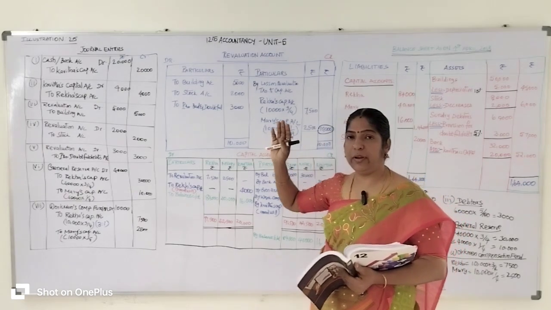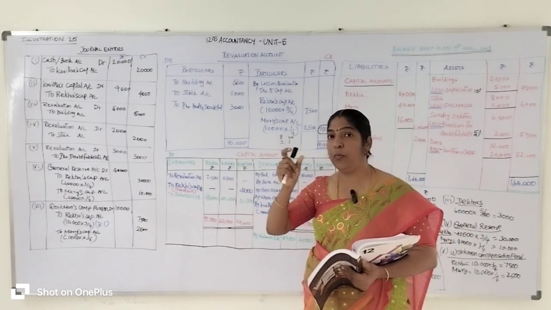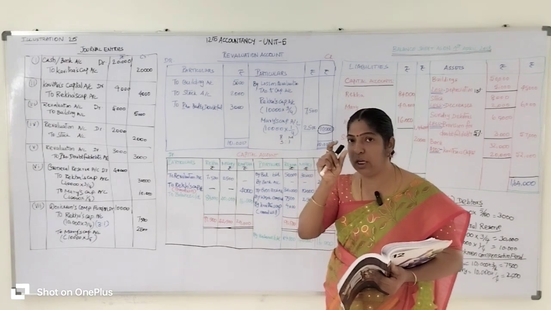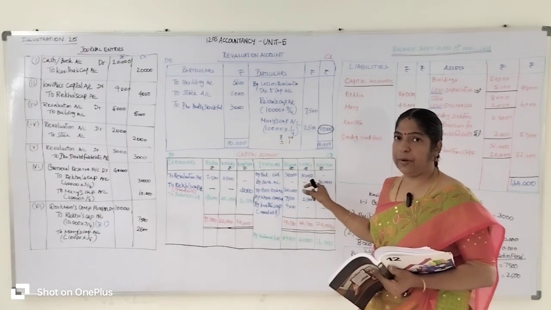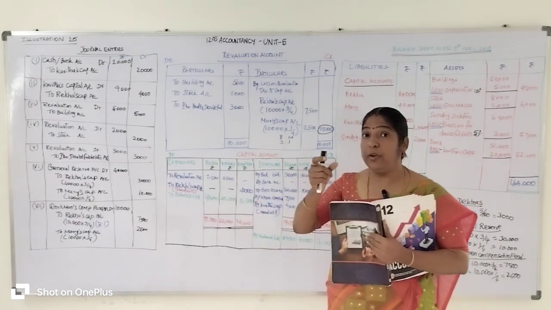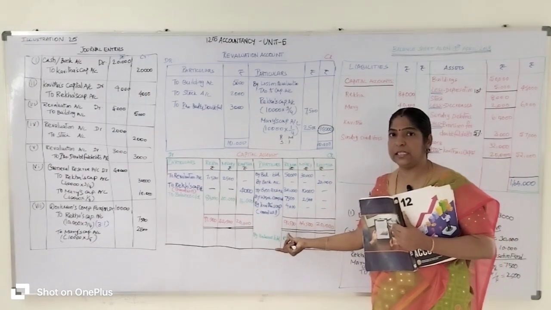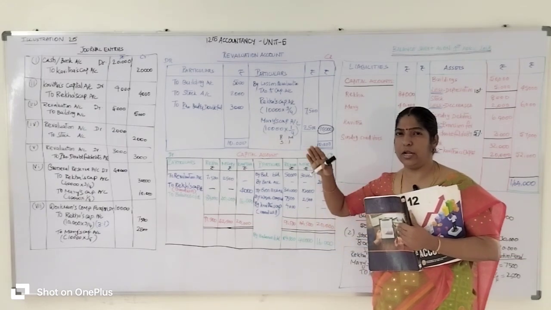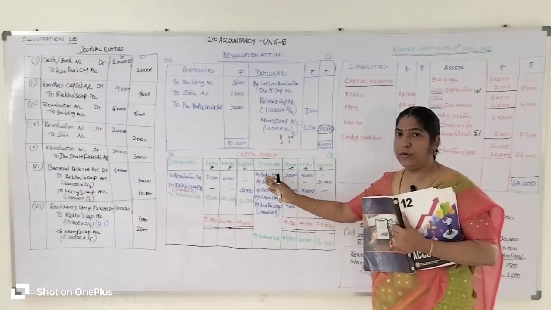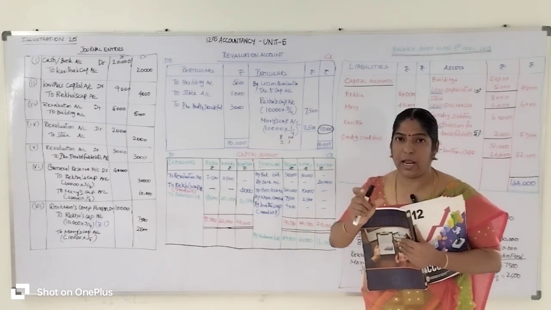From that ledger account we will get profit or loss. It will be immediately distributed to the old partners capital account, so it will also be included in the capital account. So we need to prepare the capital account. After all the adjustments with the capital account only, we get the final capital value.